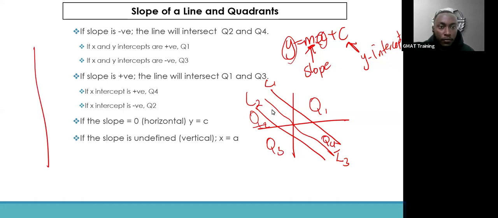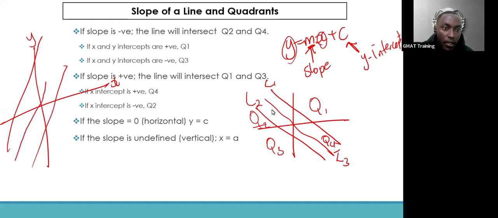Then, suppose you have then two lines. This is the Y and the X. These three lines here, line 1, line 2, line 3, have positive slope. This is quadrant 1, quadrant 2, quadrant 3, quadrant 4.